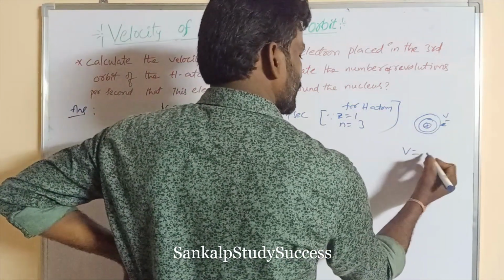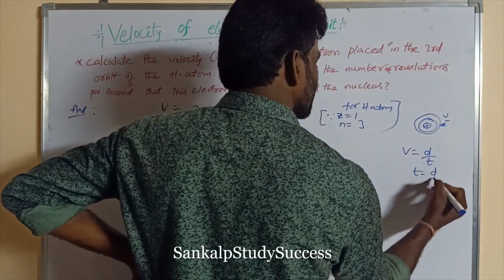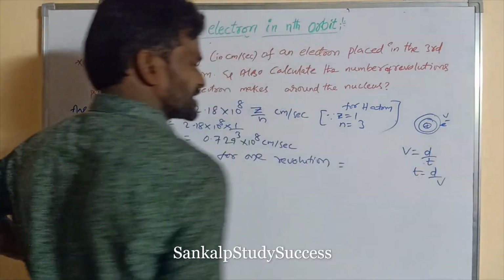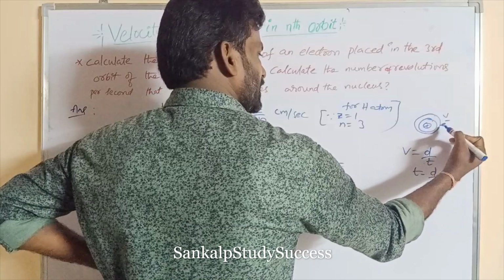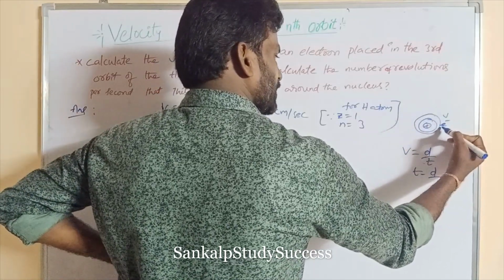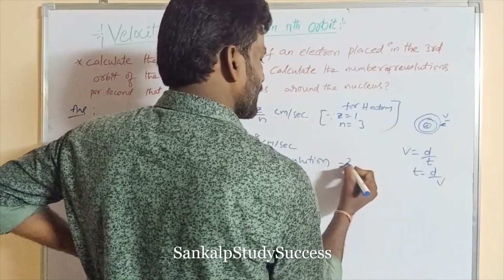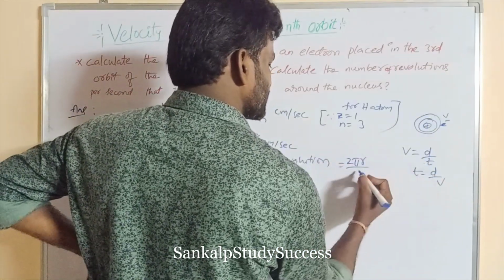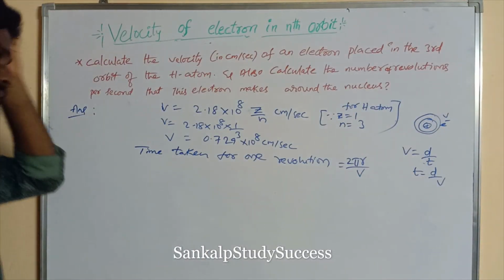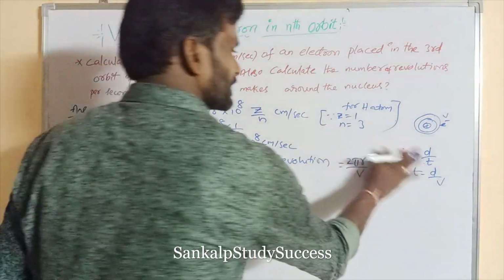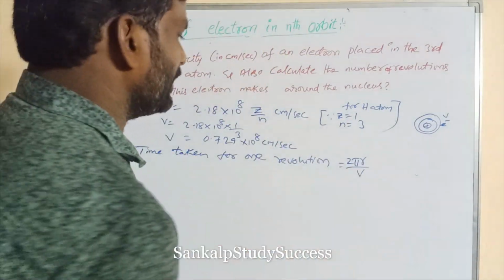Velocity is distance by time, so time is distance by velocity. The distance the electron travels in one orbit is the circumference, 2πr. So the time taken per one revolution is 2πr/v.